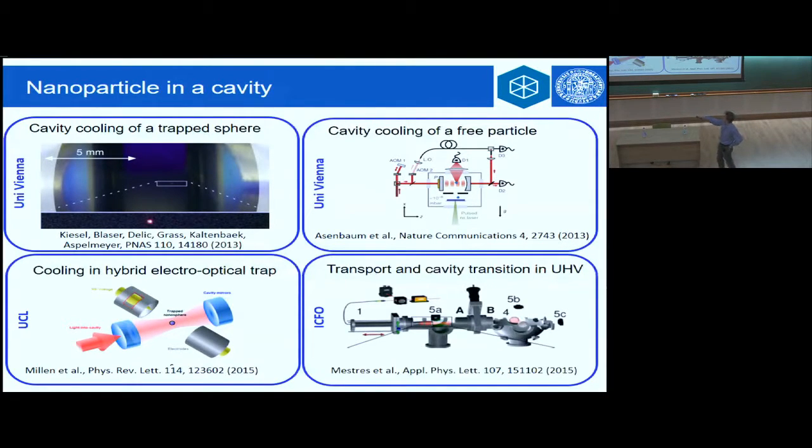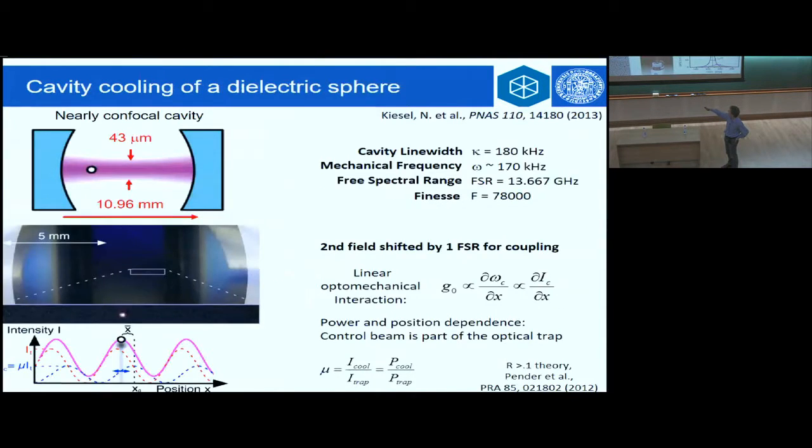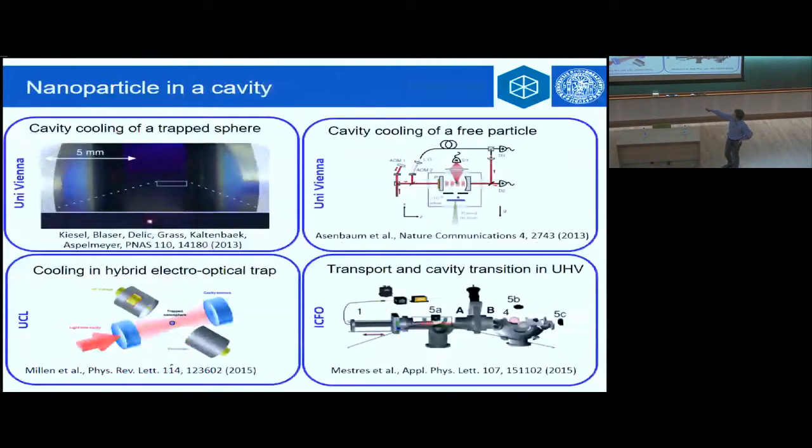There's the group by Peter Barker, which actually have a combination of optical and ion trap, essentially, to hold the particles, which solves a problem that we always had, namely when one has a particle to go to very low vacuum. It's not so easy as it turned out, and with the ion trap one can do that.